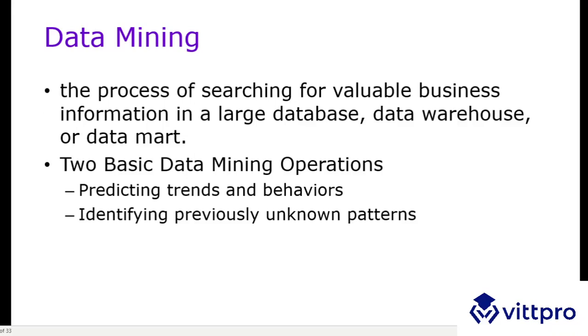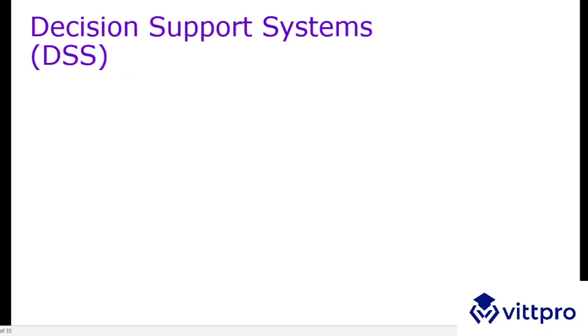So through the data mining operations, Facebook is trying to match your behavior with the desired behavior of the marketing agency. So that is the power of data mining. These are the two basic data mining operations: predicting the trends and behaviors, and identifying the patterns.